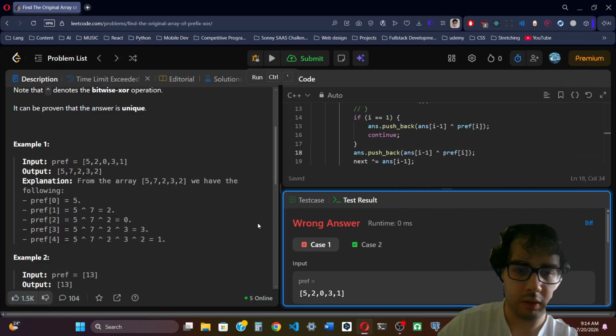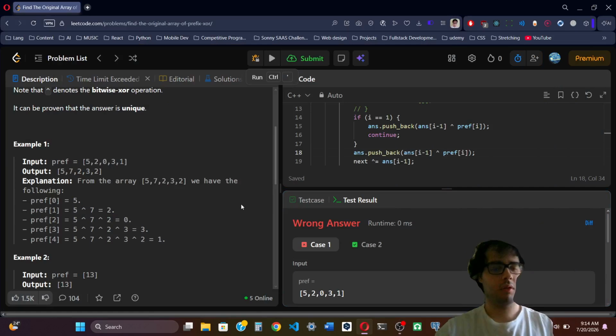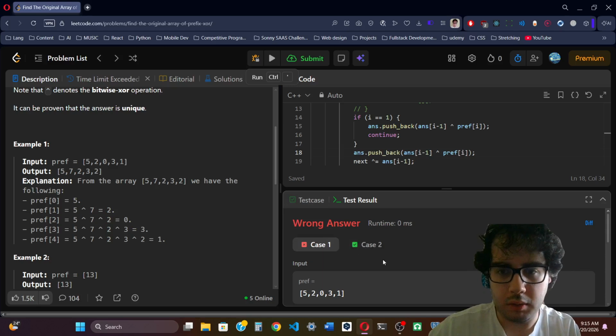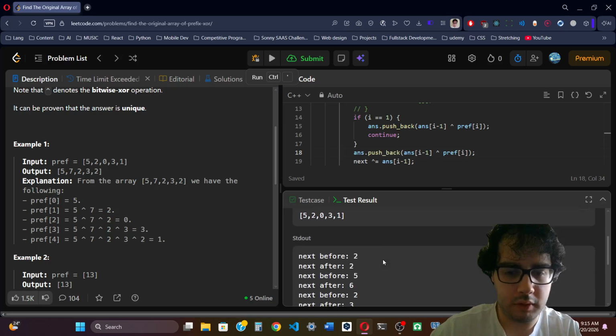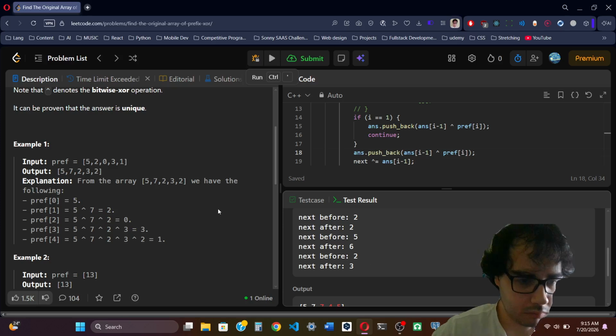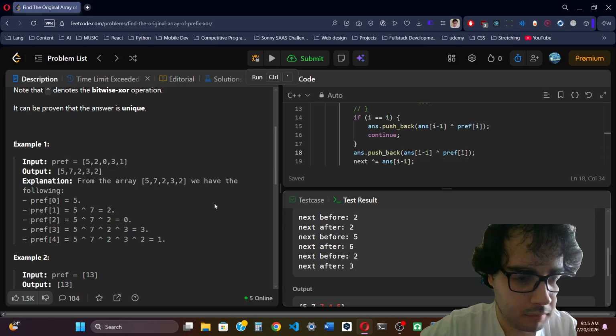What am I missing? I'm missing something. I am missing something. Okay, so obviously, like, yeah, 5 XOR 7 is 2. Do we want 2 XOR 2?